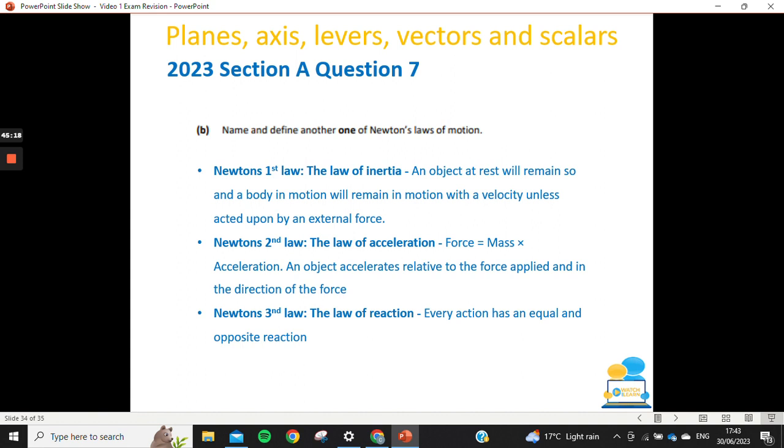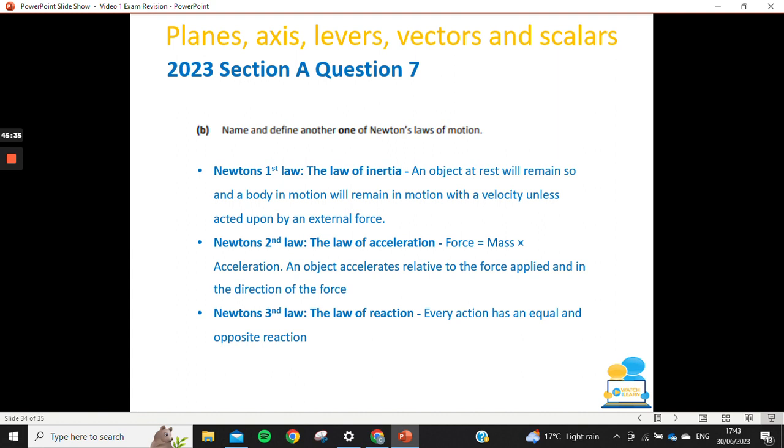And then the second part of the question, we were asked to name and define another one of Newton's laws of motion. So again, this is just asking for the naming and the definition of the law of motion.